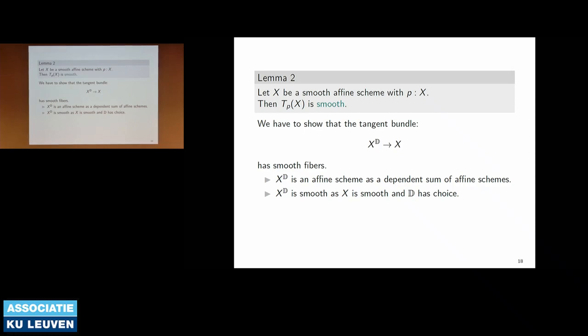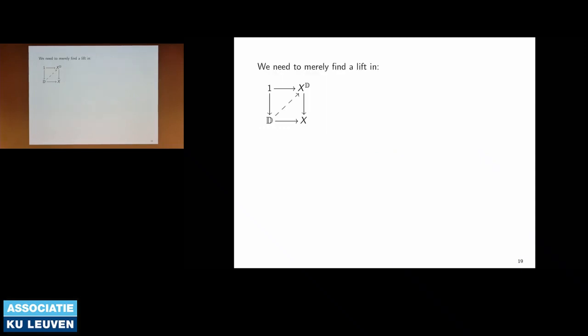So you have that X to the power of D is smooth because D has choice. This is something very general you can prove about merely having a lift, basically. Then we just need to check that the differentials are surjective. What does it mean? It means that for any such diagram, where here the map sends 1 to 0, and this one evaluates at 0, we need to merely find a lift.